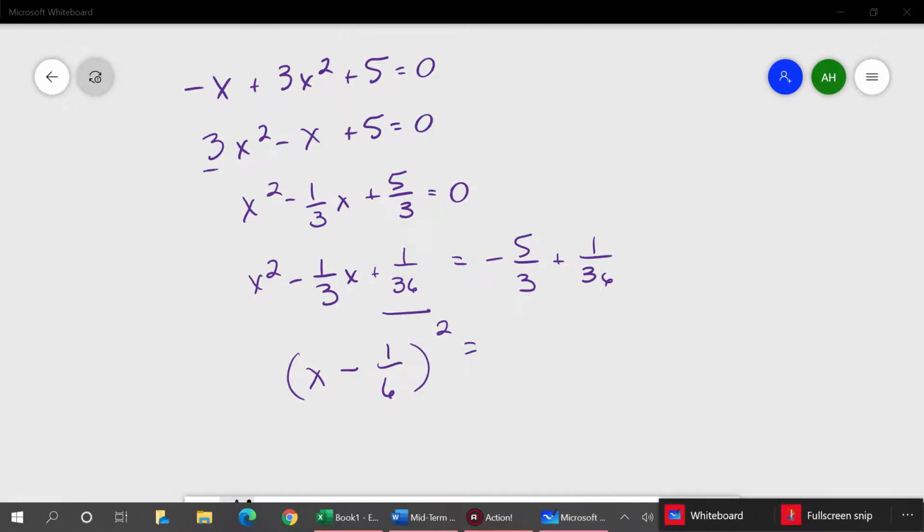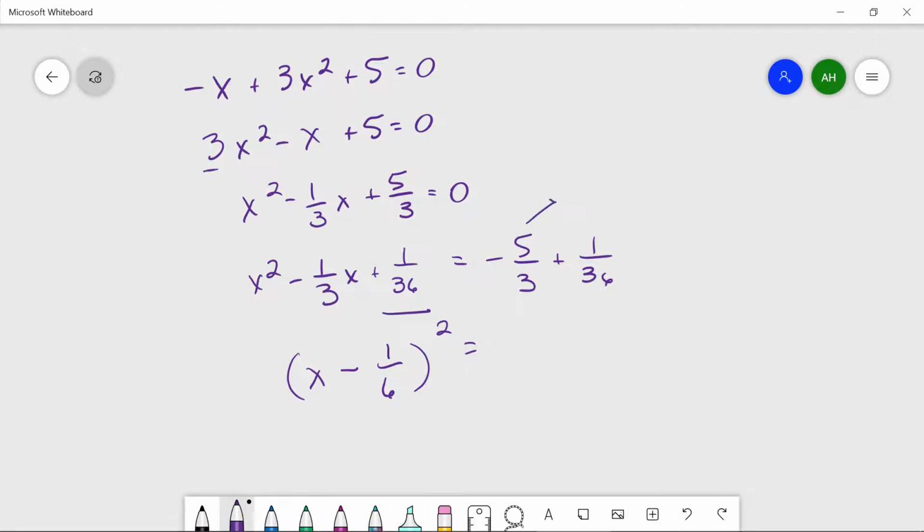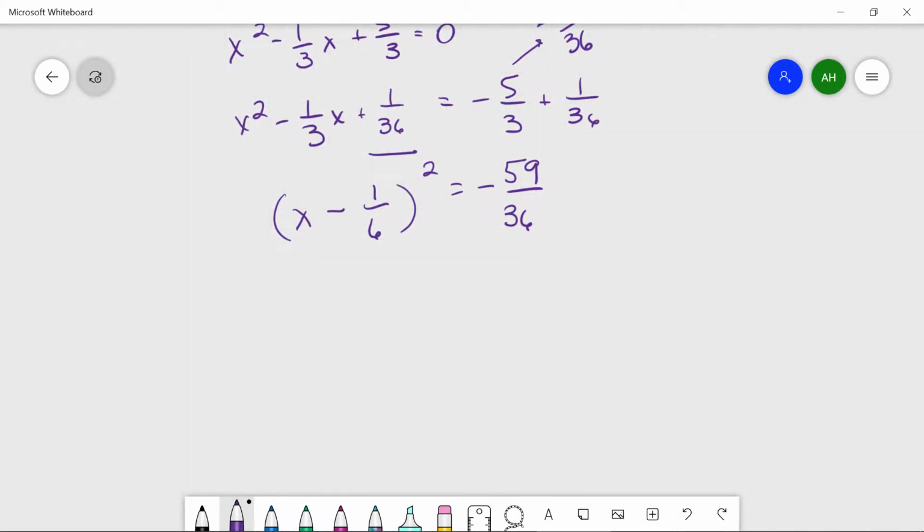Up here, this negative 5/3 is going to become negative 60/36. So when I combine that with a positive 1/36, I'm going to get negative 59/36.